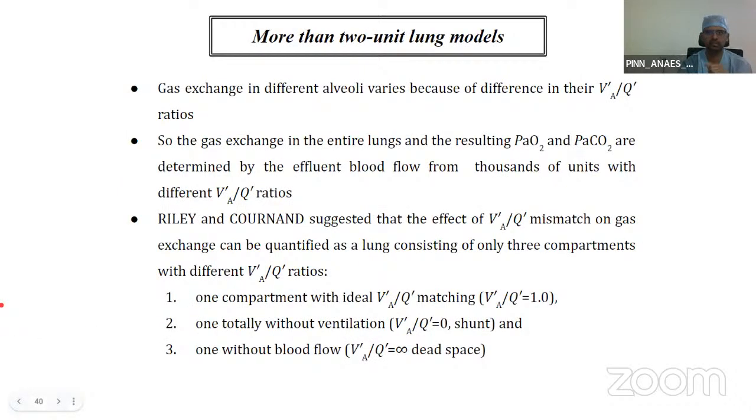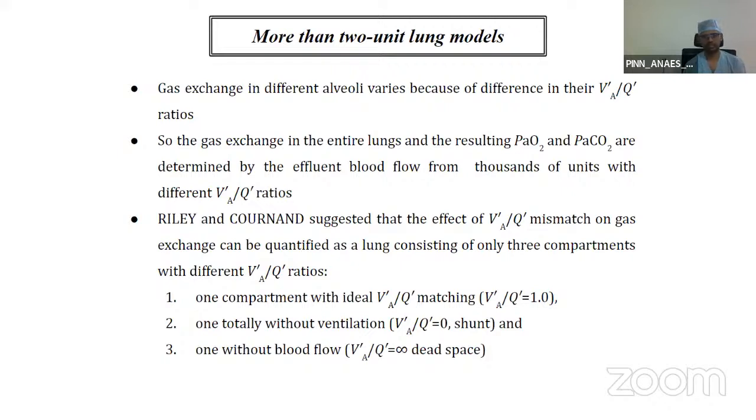So coming to the more than two unit lung models. Gas exchange in different alveoli varies because of difference in their VQ ratios. So the gas exchange in the entire lungs and the resulting PO2s and PCO2s in arterial blood are determined by the effluent blood from thousands of units with different VQ ratios.